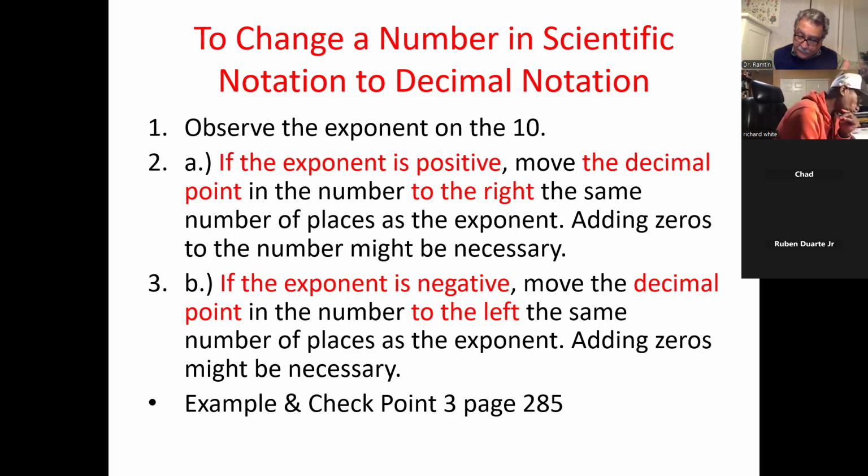If the exponent is positive, you move the decimal point 7 positions to the right. If it's negative, you move the decimal point based upon the exponent, in this case 4 positions to the left. All right.